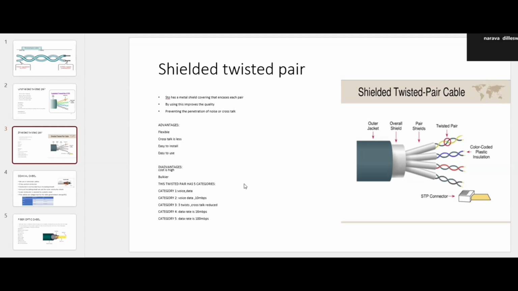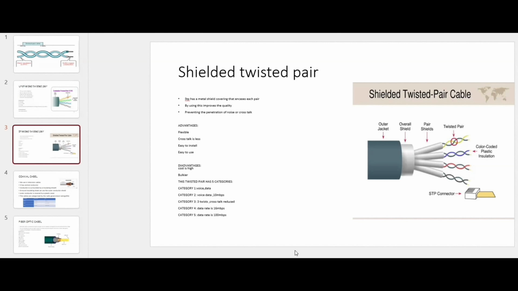This is the reason we are using the metallic shield on the insulated conductors. Crosstalk is reduced because we are using the metallic shield, but not eliminated. To eliminate crosstalk, we will see in the upcoming cables.